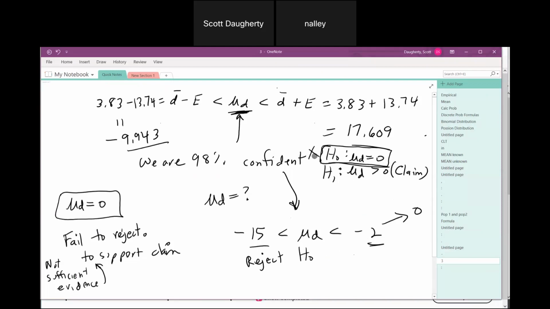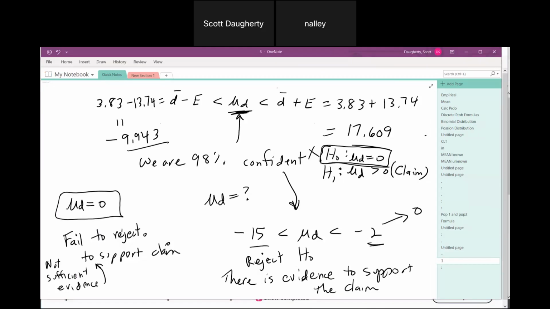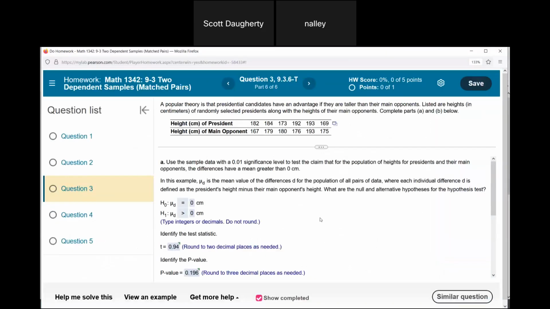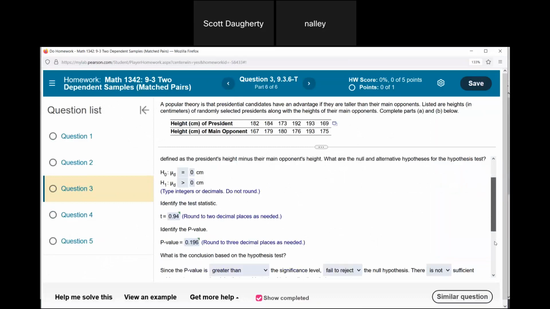And if you reject the null hypothesis, you now support the alternative, which is supporting the claim. So there would be evidence to support the claim in that case. Anyway, that's how you would do it using a confidence interval instead of a hypothesis test.